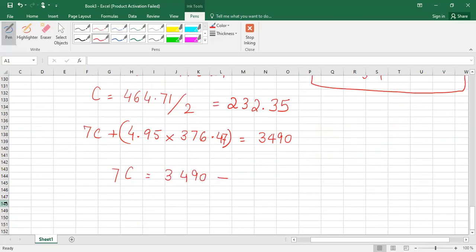minus 376.47 into 4.95, which is 1863.35. 3490 minus 1863.35 is 1626.65.